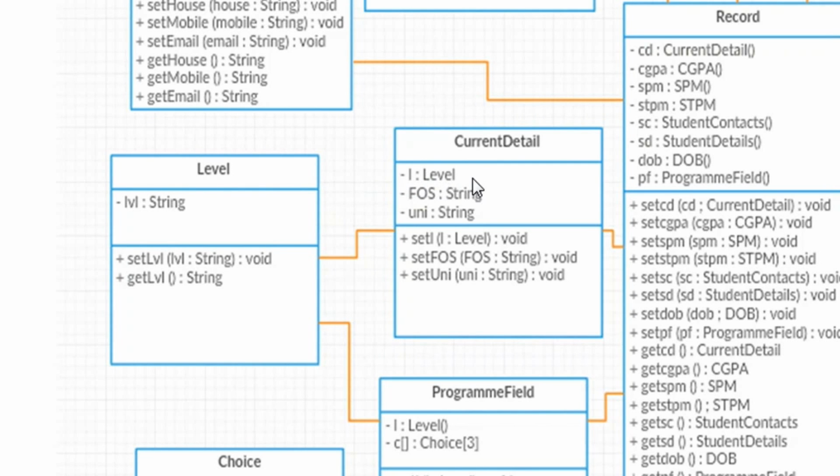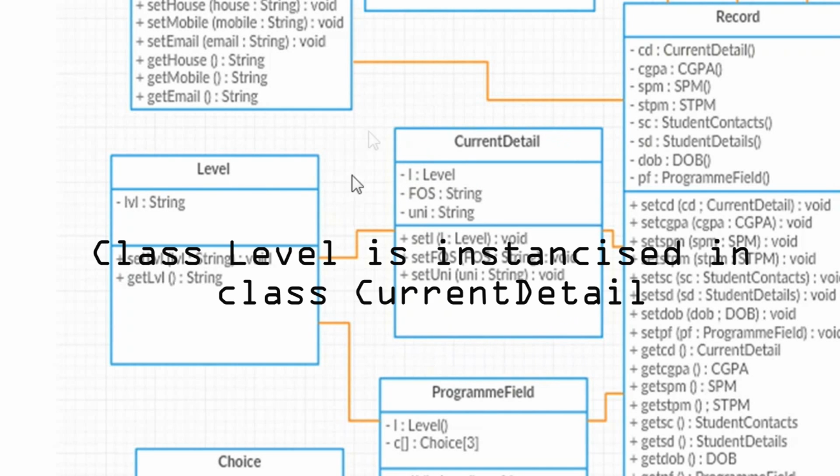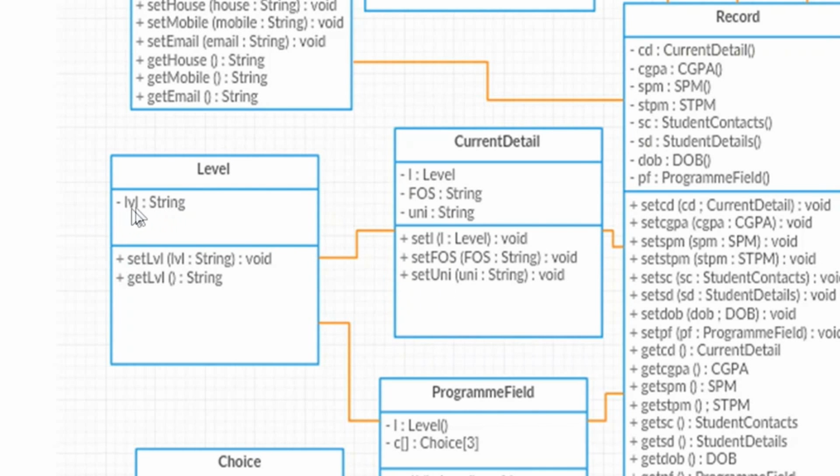What it means is that the object L is instantiated inside this class, which holds the class level, which means object L also has a data type string and an object LVL in it. So current detail will call upon this level class inside its own class.